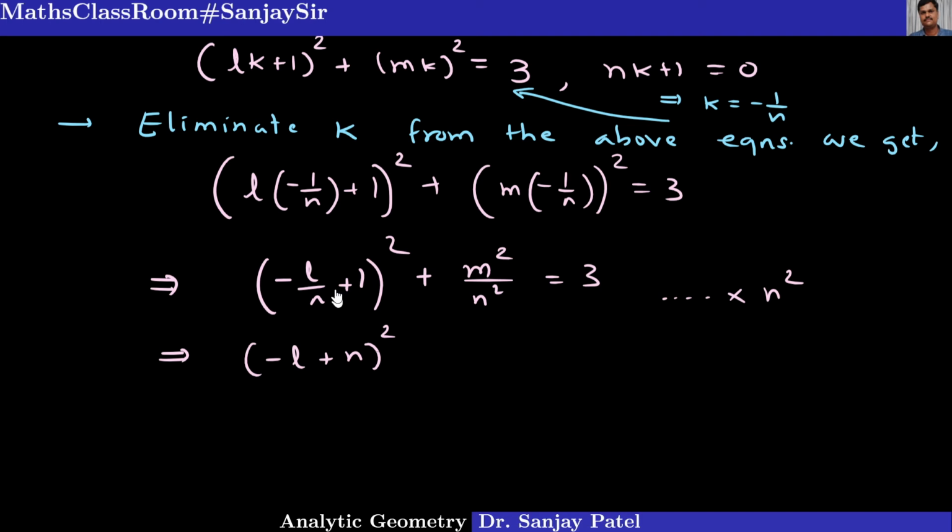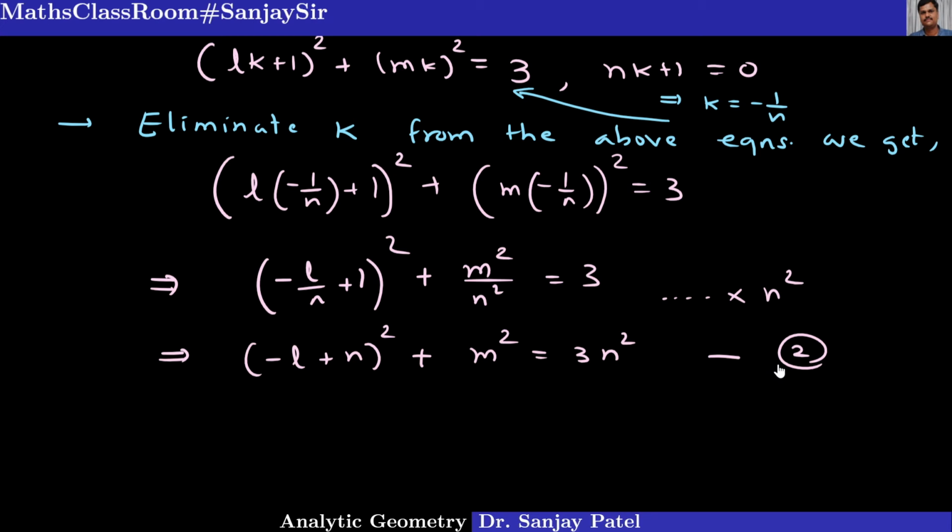Or you can simplify this first, minus l plus n upon n, and then simplifying further we'll get (minus l plus n) whole square upon n square, and then multiplying by n square. So in whatever way you find simple, you can do that. So we will get 3n square, multiplying both the sides. So this is our equation number 2.